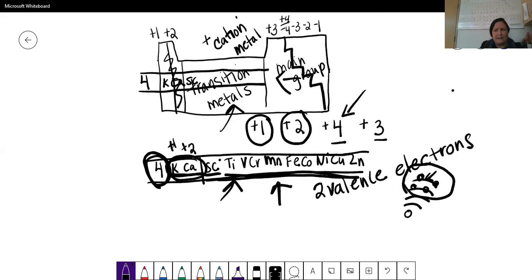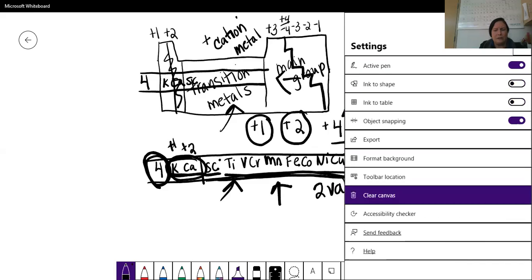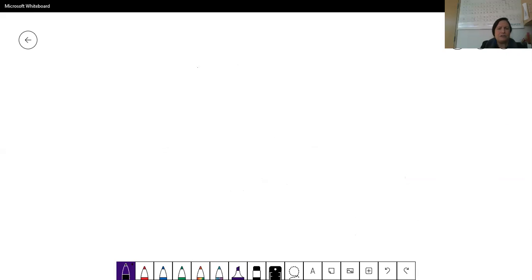Well, fortunately, there is a Roman numeral in the name. So take, for instance, titanium(IV) oxide. So I require in my class a Roman numeral with every transition metal.